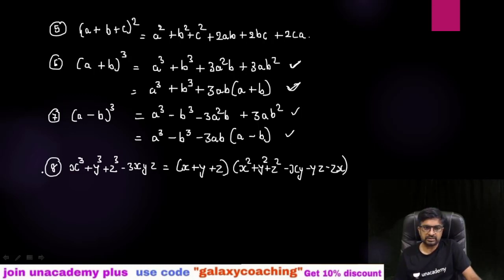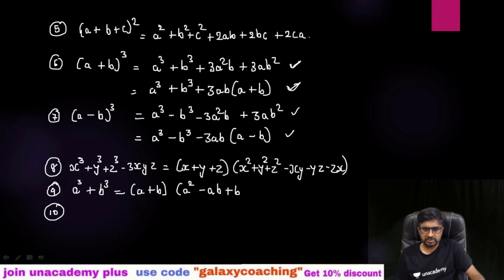Now in class 9th also, they have given identities up till here, but 2 more identities are there. They have given those identities as sums, so you also need to learn them by heart. Here you can see a plus b whole cube is there, but if they give you a cube plus b cube, then directly you will get a plus b into bracket a square minus ab plus b square.